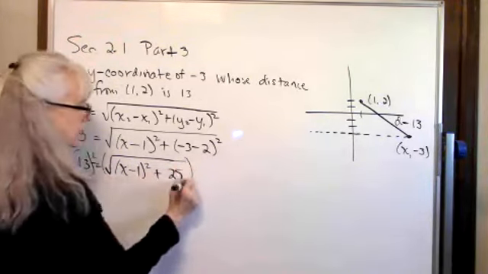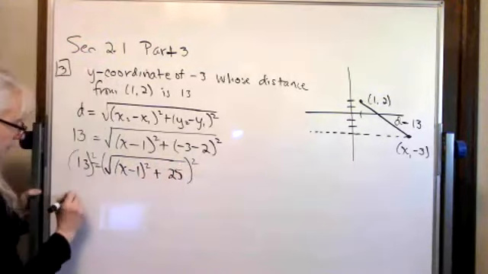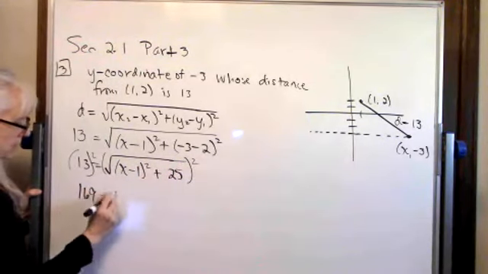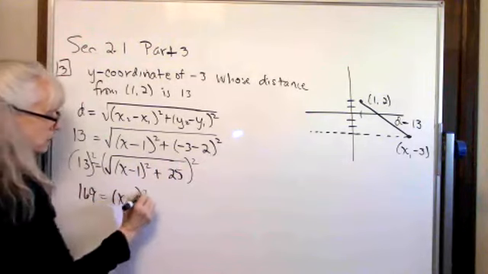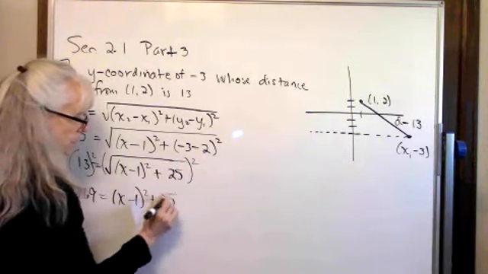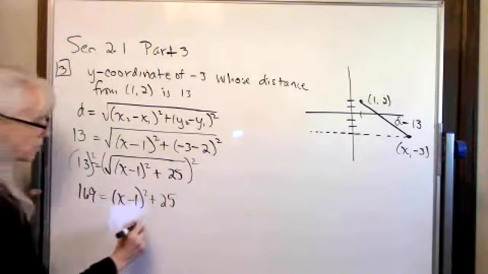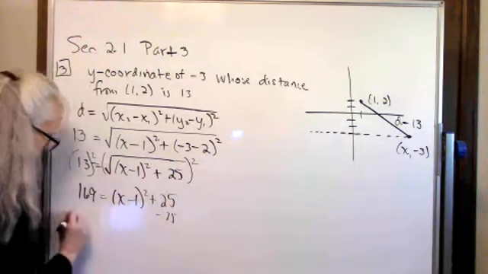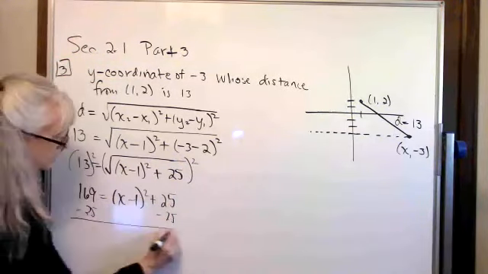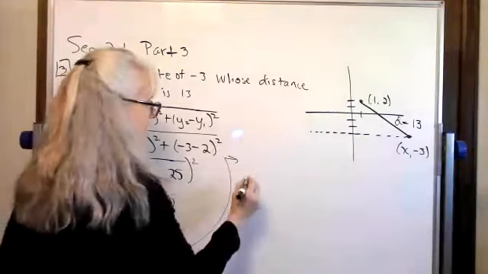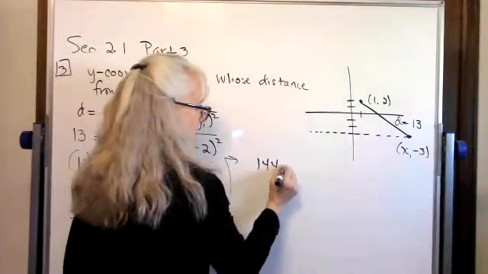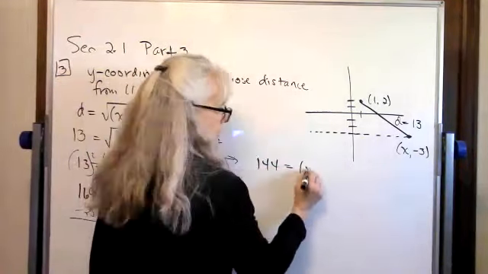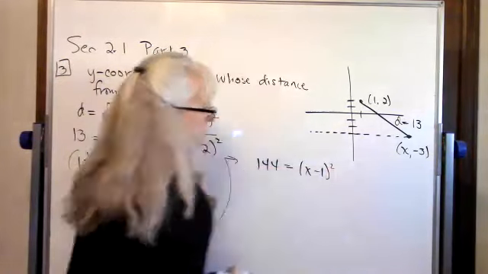Again, what I'm trying to do is get that x isolated. That's going to give me 169 is equal to the quantity (x minus 1) squared plus the 25. Now we can go ahead and move that 25 over. That's going to give me 144 is equal to the quantity (x minus 1) squared.